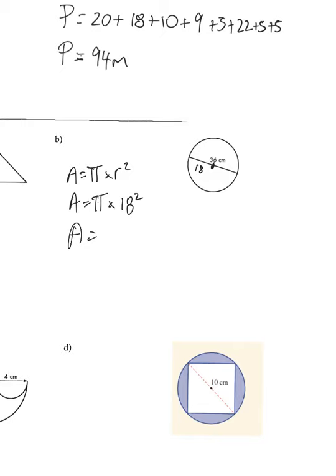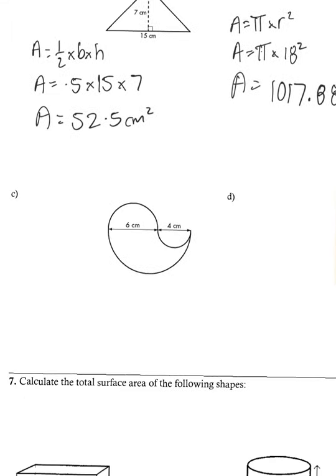So the area I have for our circle is 1017.8, and if I round, it'll be 1017.88 centimetres squared. Cool. All right, C.